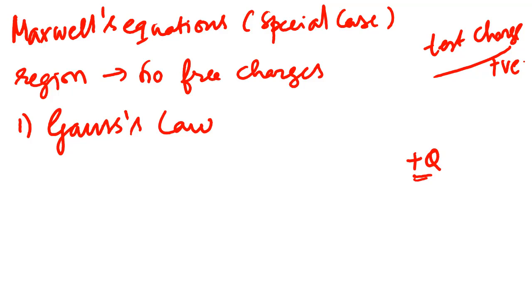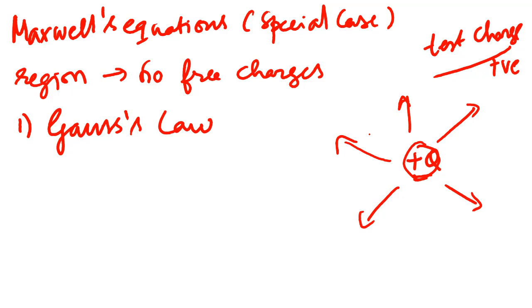So if you were to bring this positive unit charge near this plus q, it would be repelled. So the electric field lines would point this way, right? So for a negative charge, they would point the opposite way because it would attract the test charge.